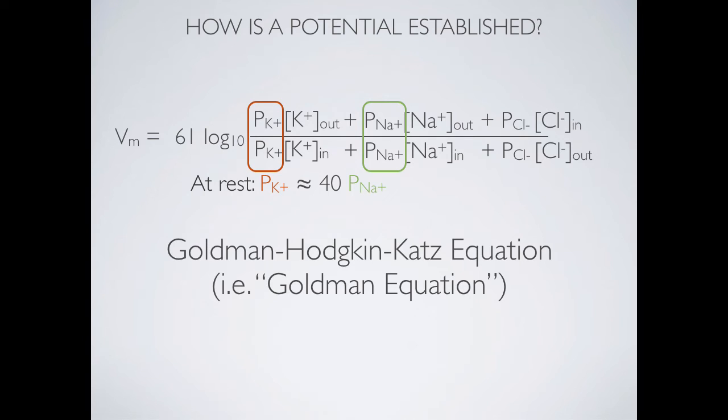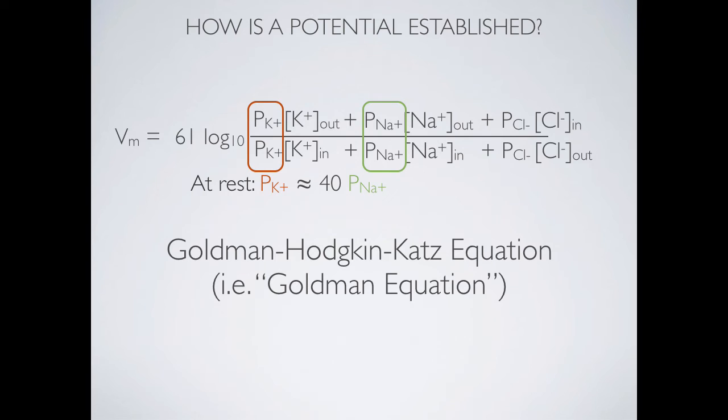Yes, that's correct. For those that couldn't hear that, the reason you have a difference in chloride being on the numerator or the denominator is that chloride is the only one that has a negative valence. When you take the base 10 log of a situation where you've got a bigger number on the denominator, that yields a negative number, right?